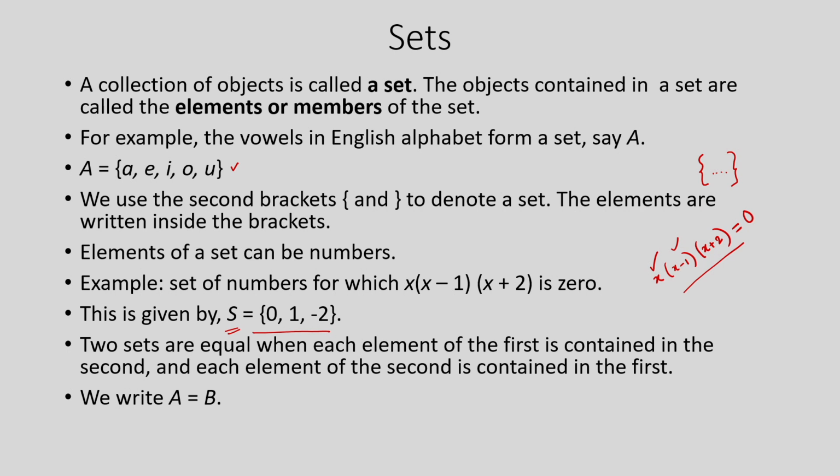2 sets are equal when each element of the first is contained in the second and each element of the second is contained in the first, and we write A is equal to B. So, this is the property that must be satisfied by 2 sets if they have to be equal sets: if I pick up any element from the first set, then that element is there in the second set as well, and vice versa, which means if I pick up any arbitrary element of the second set, then that element is present in the first set as well, and then we write A is equal to B, where A and B are 2 different sets.